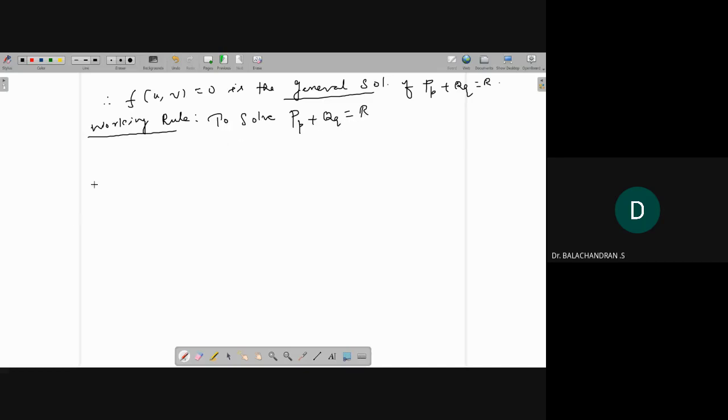So step 1: form the auxiliary equation or subsidiary equation.